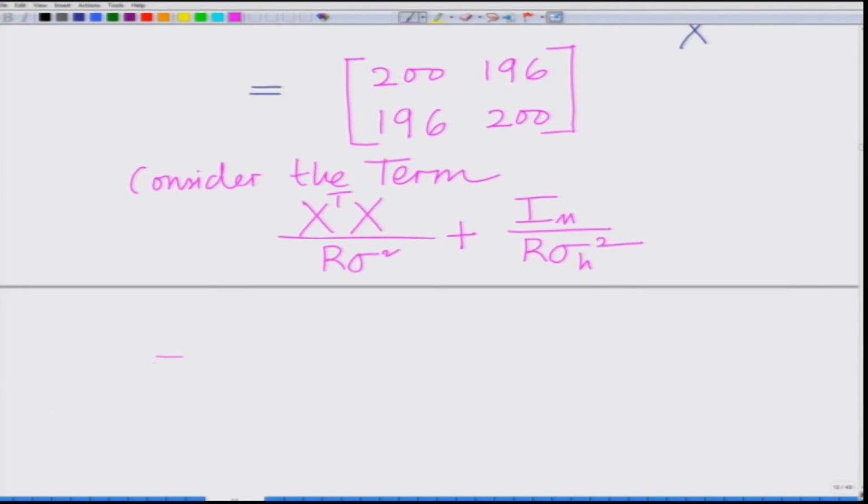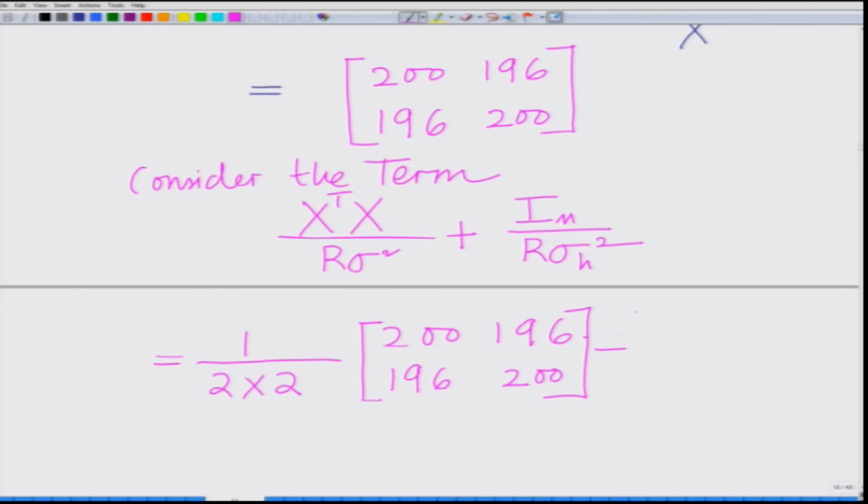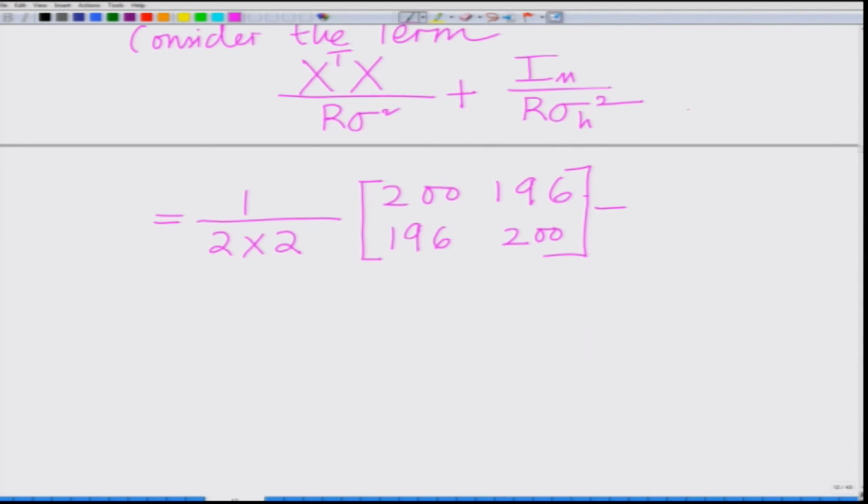In this case, 1 over r sigma square, with r equal to 2 and sigma square equal to 2, into x transpose x, that is 200, 196, 196, 200, plus 1 over r sigma h square, which is 1 by 4, times identity 2 cross 2, 1 0 0 1.